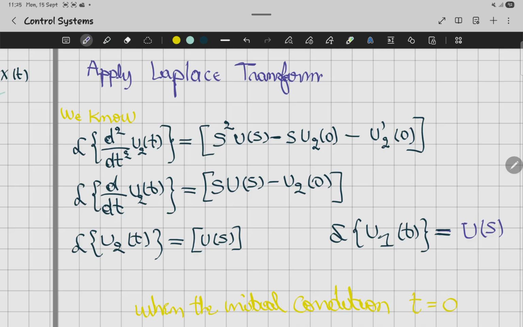And what you see inside here for the second derivative, this is what you get. What you see at the initial condition, if you are given the initial condition, this is where you can plug in the value. Okay, so you can only plug the value for the initial condition into the first derivative and second derivative. The rest is going to be just the same.